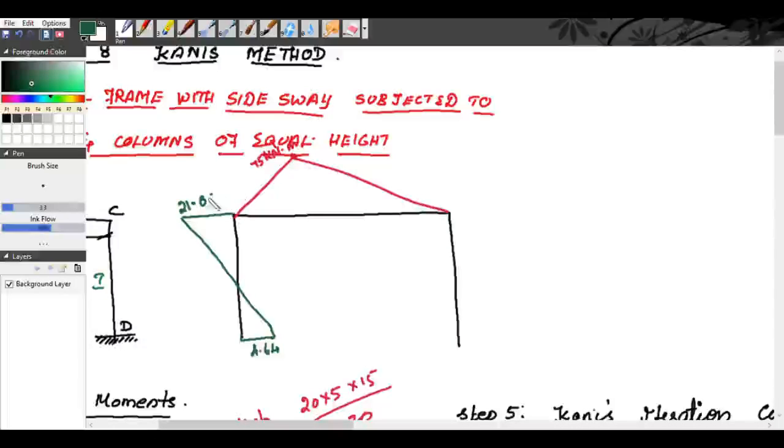Here also it is 21.0. Here it is 15.10. Here it is 10.49, and here it is 15.10. Okay, so this is our bending moment diagram.